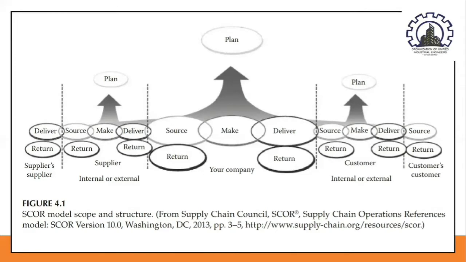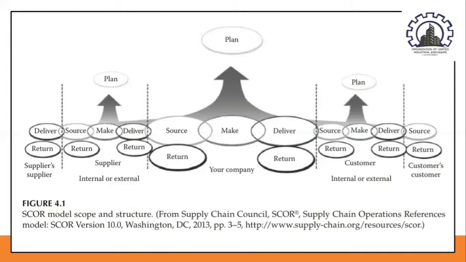As you can see, the 5 processes are: first, planning; second, sourcing; third, making; fourth, delivering; and fifth, returning. This is according to Supply Chain Council 2013.